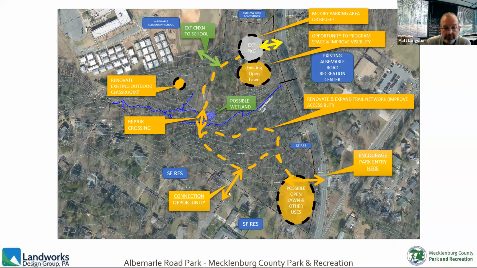There's an opportunity for a pedestrian connection here that will open up the park to this whole neighborhood more effectively. Right now you can get there, but you're walking through the woods and climbing through brambles to get to the trail network. We need to strengthen this so it will encourage pedestrian activity.